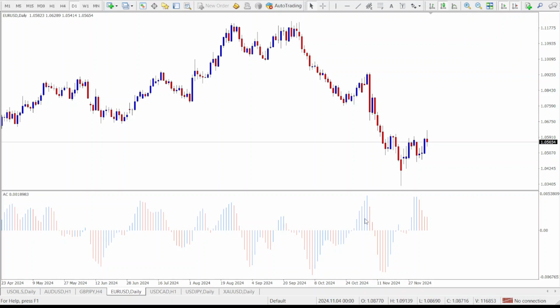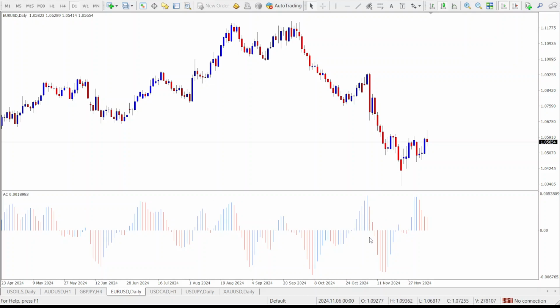So basically, whenever you have the indicator above the zero level, it signifies a bullish momentum. Mostly when you have the blue line form, and when you have the red line form, it shows that the bullish momentum has started getting weak.